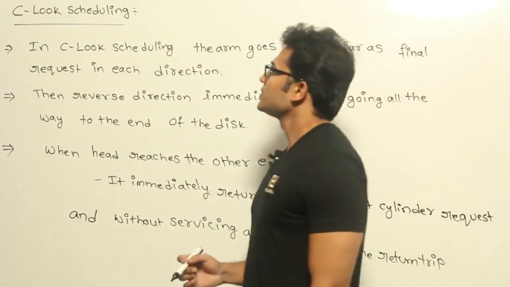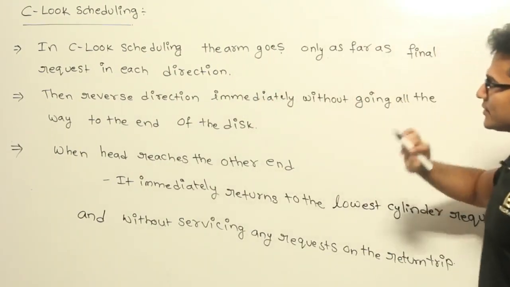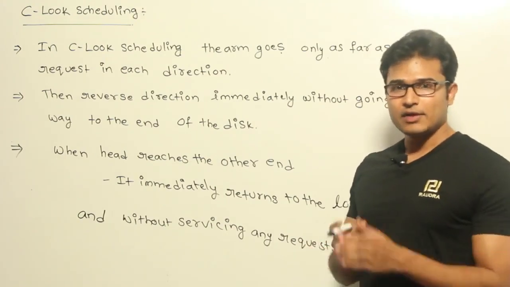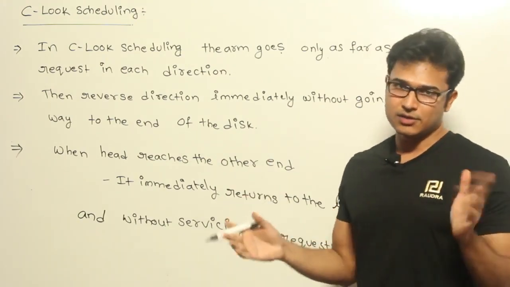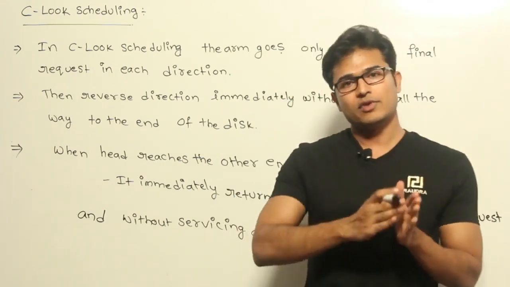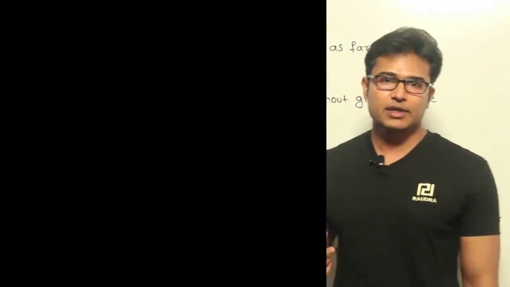Now in C-look scheduling, the arm goes only as far as the final request in each direction. So if you see this, the final request in the highest direction is 183 in the previous example, and the least request is 14, isn't it? So we went till 183, and again we are coming back to 14, right?